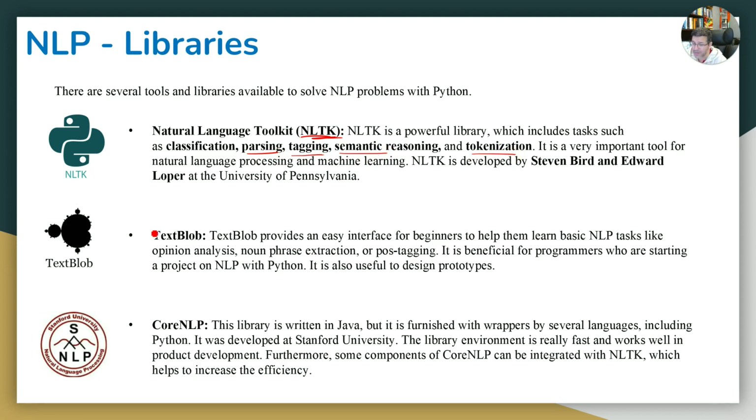Then TextBlob is another beautiful library. Unfortunately, TextBlob has not been updated, I believe, since 2016, 2017, or 2018. CoreNLP is a library designed by the Stanford University NLP Lab.